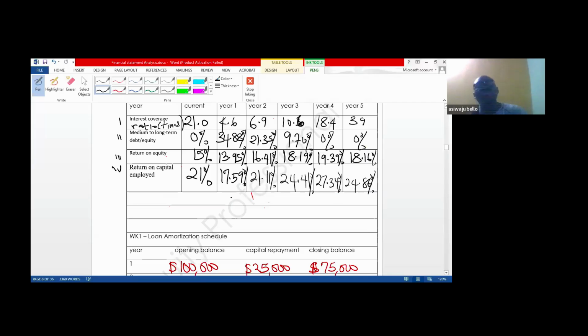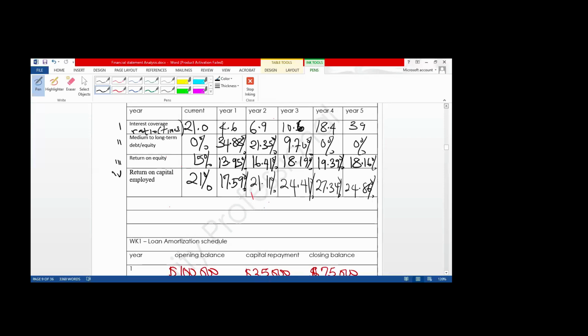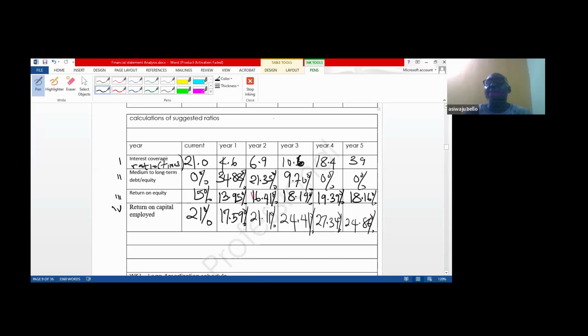We have computed the required ratio. You are done with requirement A. Something like this might be in your exam.